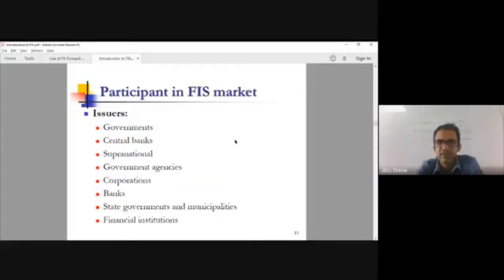Basically, when we say supranational agency, it's an agency formed as a collection of several governments or countries. So it's not owned by one country, but it's a group of countries. So that's why we call it supranational. So the credibility of these agencies may be higher than some individual member countries of that organization.